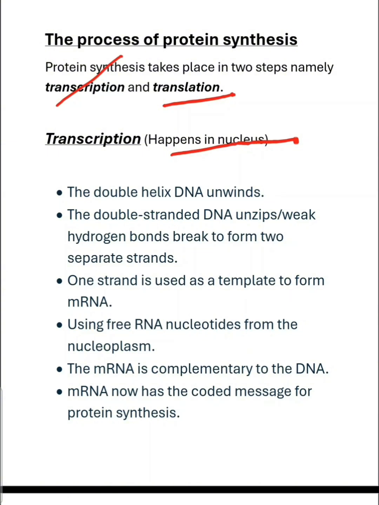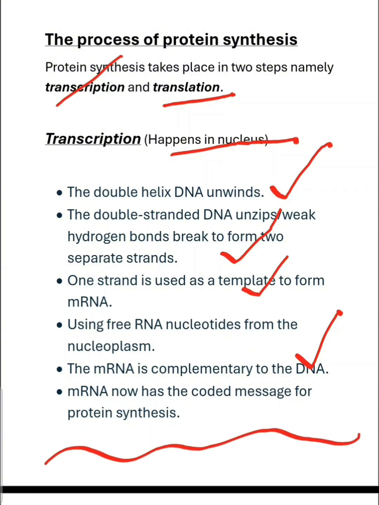So what basically happens is the DNA double helix unwinds, then the weak hydrogen bonds break, then one strand is used as a template to form mRNA. Then using free RNA nucleotides from the nucleoplasm, the mRNA is complementary to the DNA, and now mRNA has coded the message for protein synthesis.